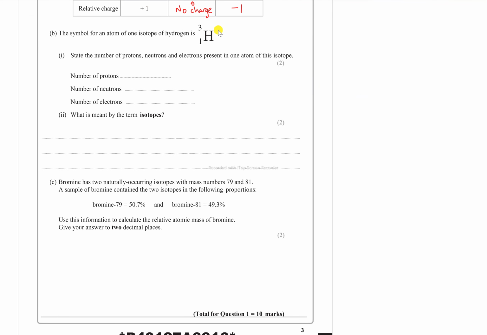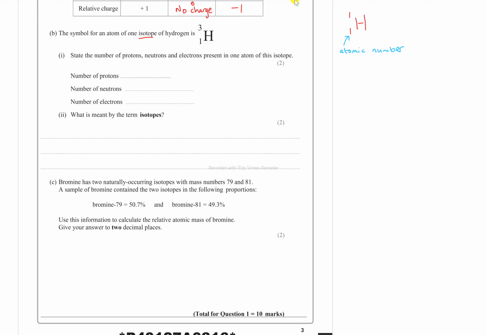Look at this word isotope. Remember, we know hydrogen as 1, 1. What that means, this is called the atomic number. If you look on the periodic table, you'll see that.